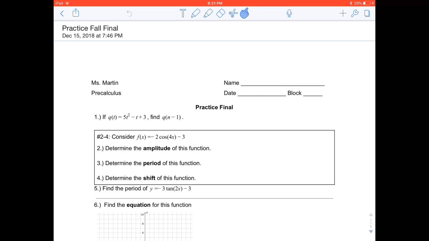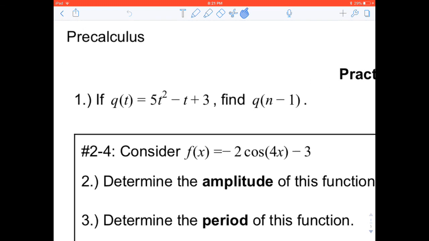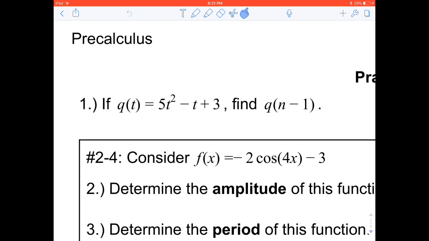So for the first one here, we have q of t. So we want to find what q of n minus 1 is. We're not multiplying q times n minus 1. What this notation means is it's naming the function. So it's saying take the function q and plug in n minus 1.